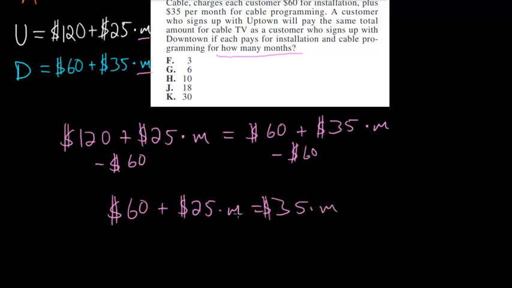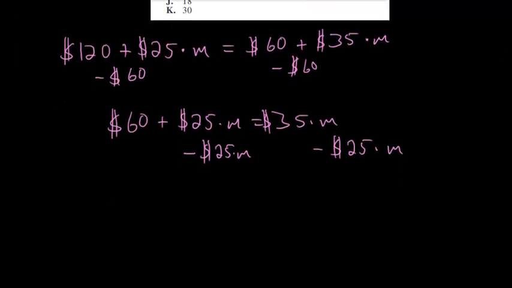And to get all of the M's on one side of the equation, let's subtract 25M from each side. After completing the subtraction, we have $60, since the 25M and minus 25M cancel each other out.